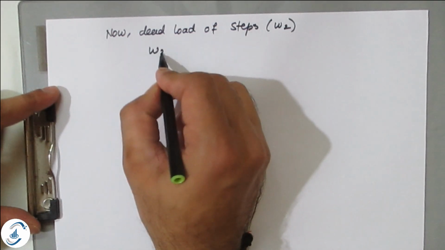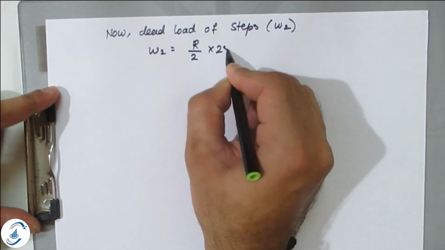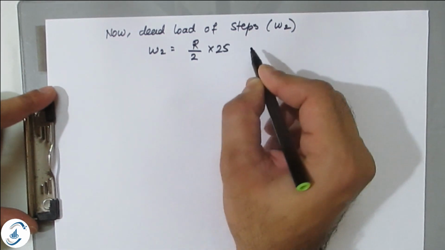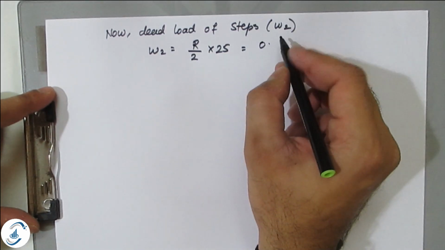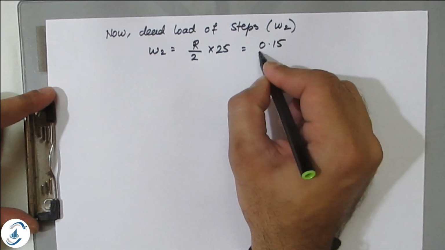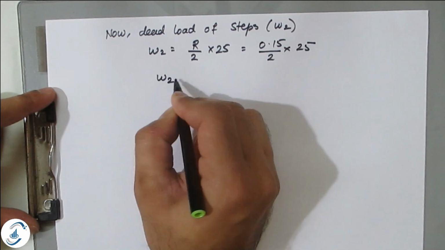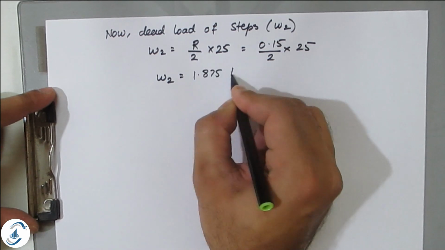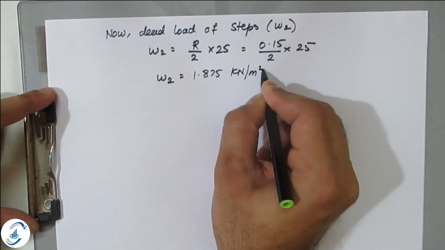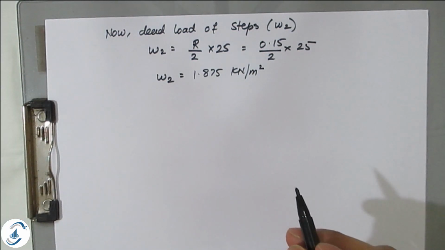That is given by R by 2 into 25, where 25 is the unit weight of concrete. So R is 0.15, divided by 2 into 25. Once you work this out, you will get W2 as 1.875 kilonewton per meter square. So this is how you have to calculate the dead load.